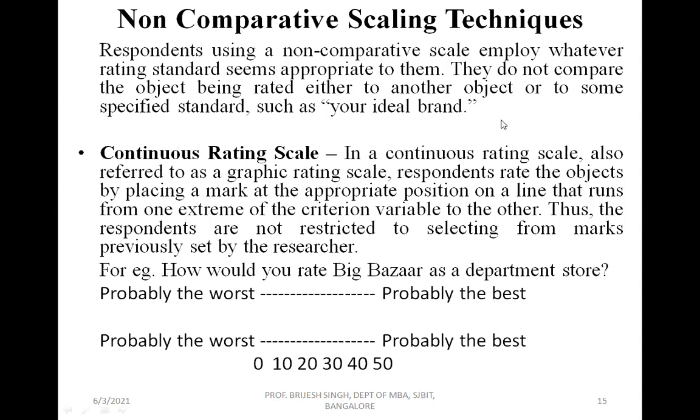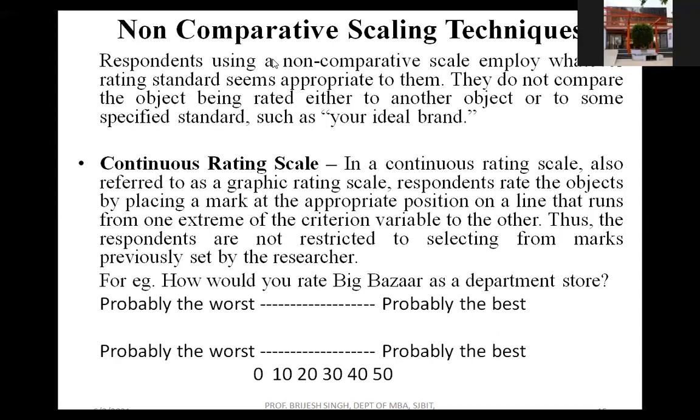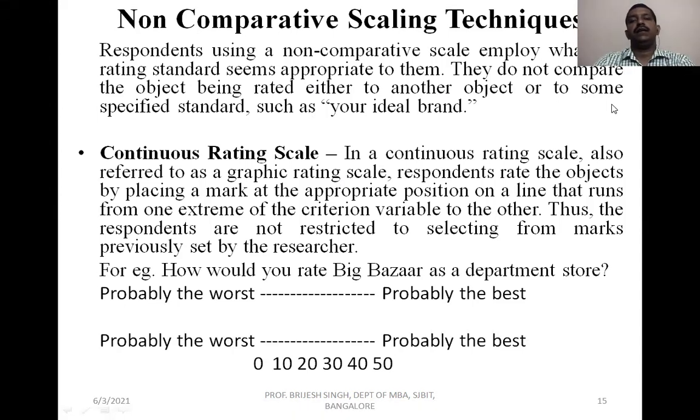Continuing with that, the continuous rating scale is another parameter. A continuous rating scale is also referred to as a graphic rating scale, where the respondents rate the objects by placing a mark at the appropriate position on a line that runs from one extreme of the criterion variable to the other.